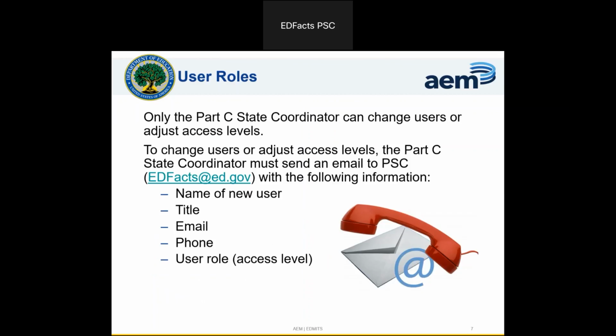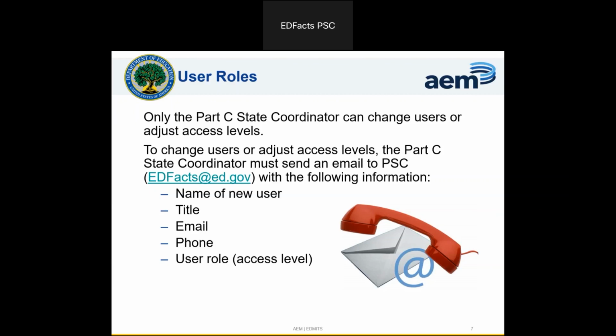So with that in mind, this is very important before Monday's open. For your user roles, your accounts, all that access to the SPP APR, if for any reason you or someone in your state needs different permissions or a change needs to be made with your users, the Part C state coordinator for the state must contact PSC to request that access be adjusted or for those new accounts be created.